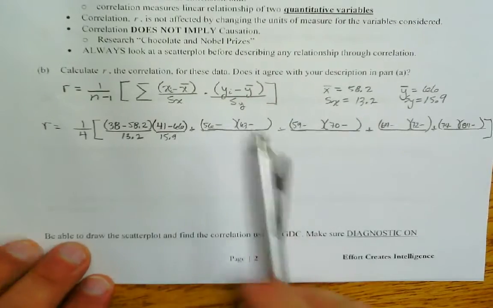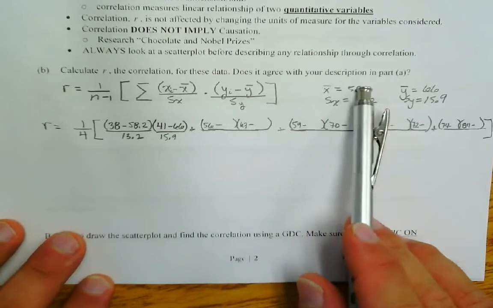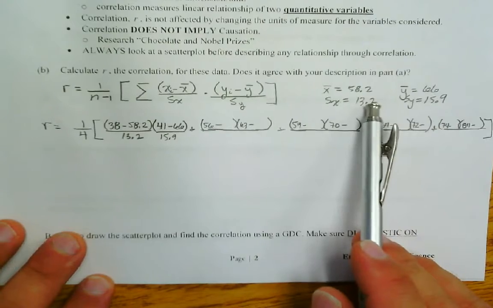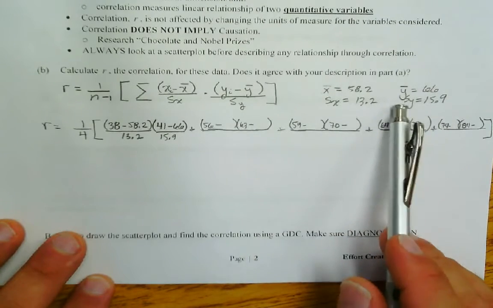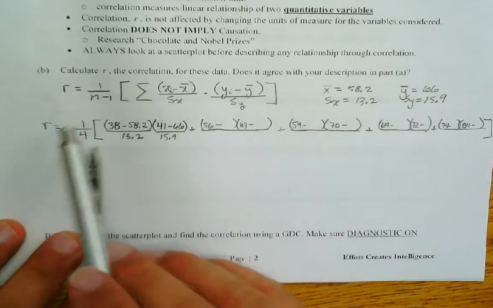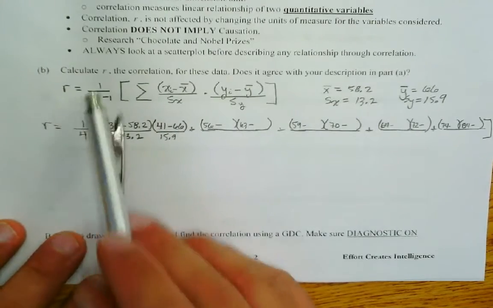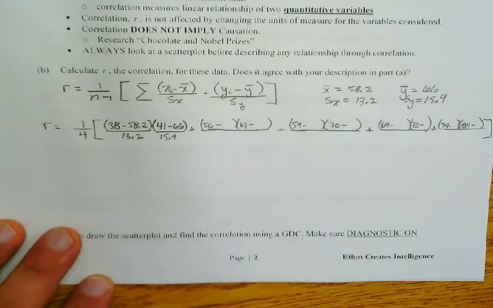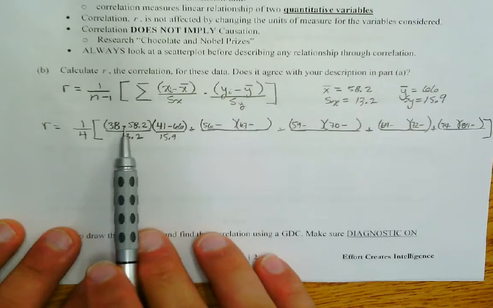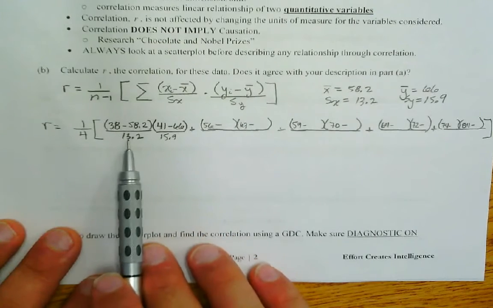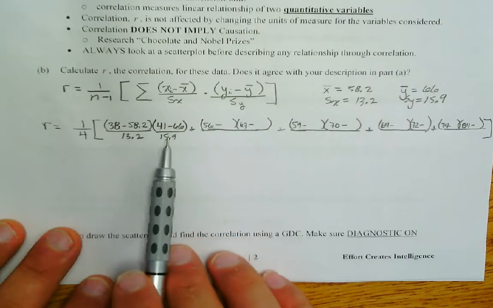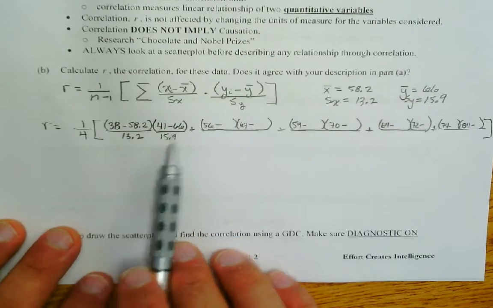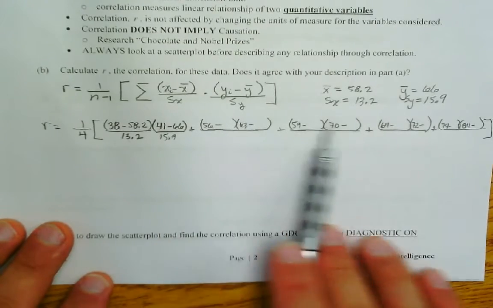So for that computation of R, we found x bar to be 58.2, s sub x 13.2, y bar to be 66, s sub y to be 15.9. So we're going to have R equals 1 over n minus 1 of the sum of the particular x minus x bar over s sub x, particular y minus y bar over s sub y. Okay, and then I suggest setting up this pattern.